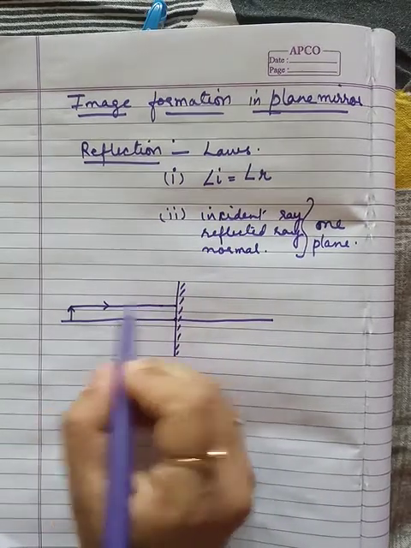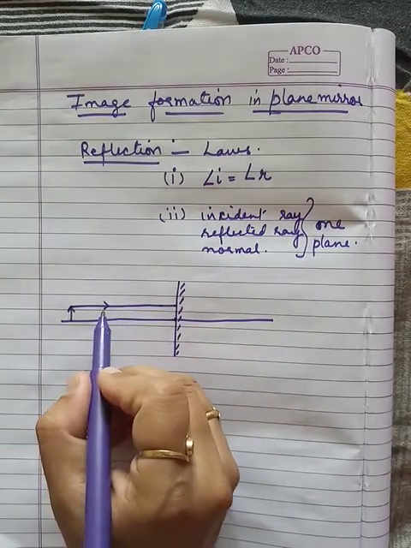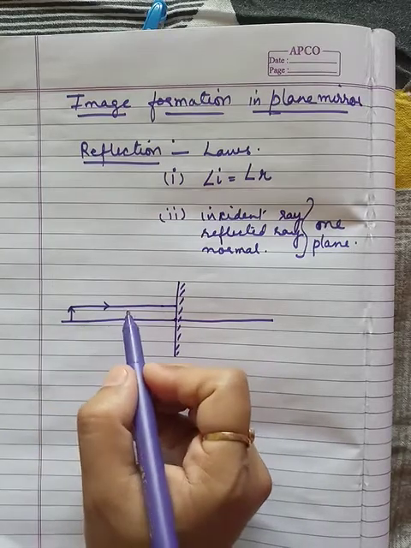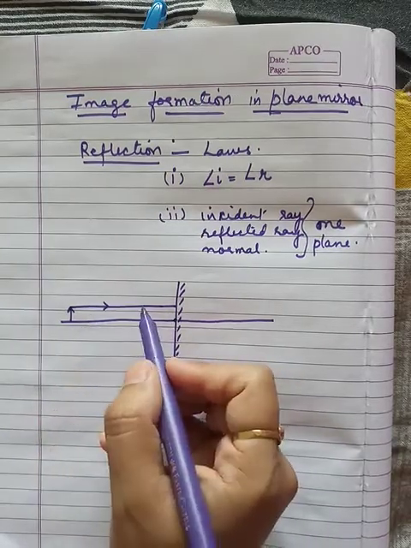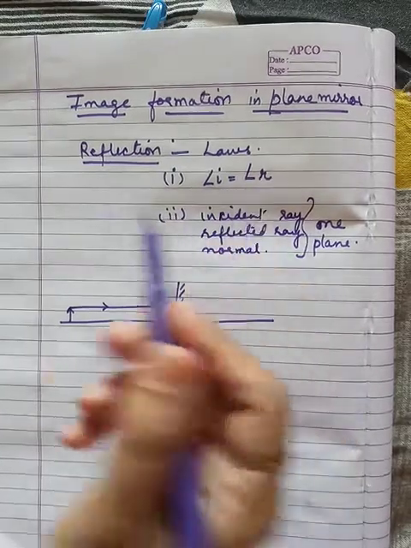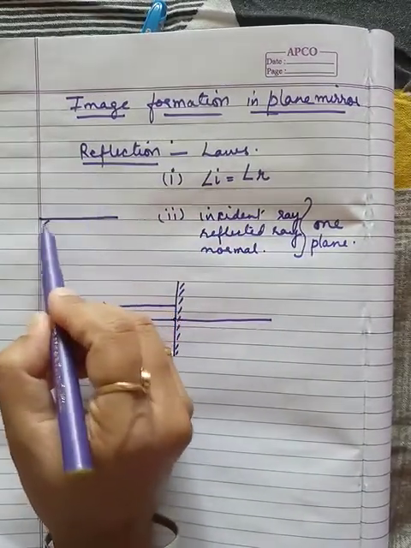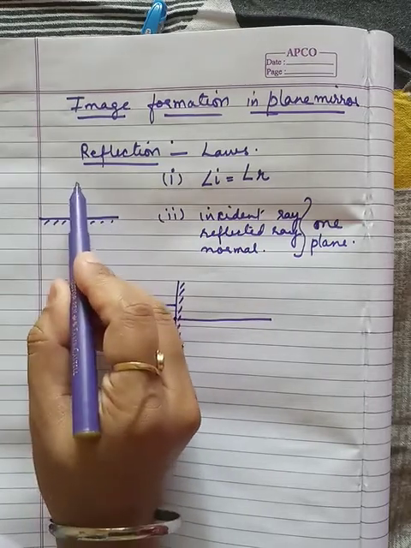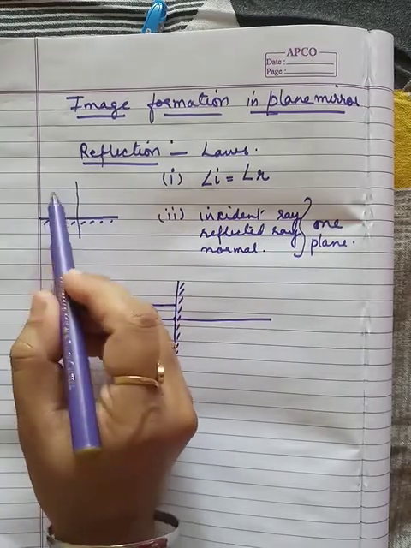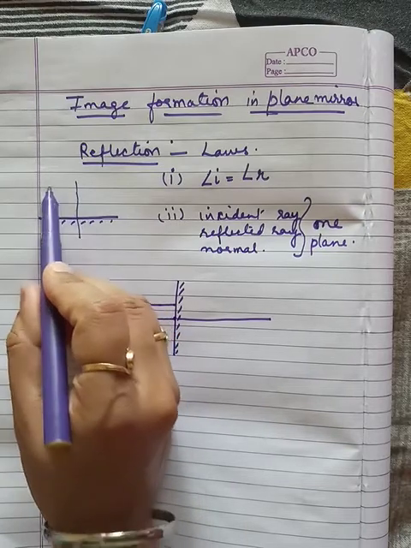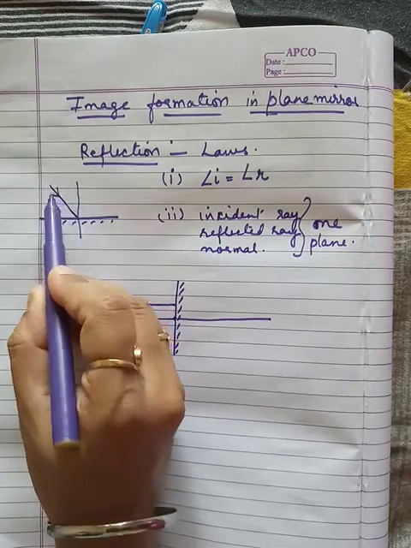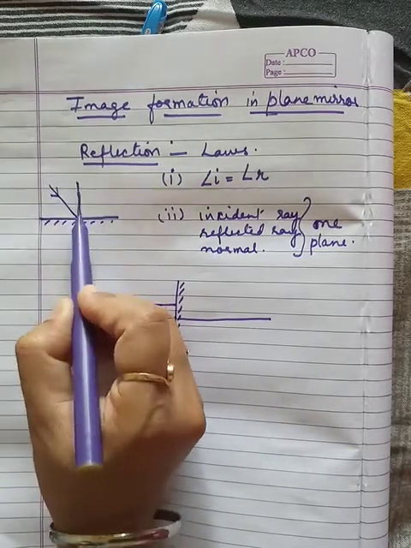This will reflect back, making an angle same as the angle of incidence. What is the angle of incidence? Let me specify over here. When there is a surface like this, the angle of incidence is the angle made by the incident ray with the normal. This is a normal.